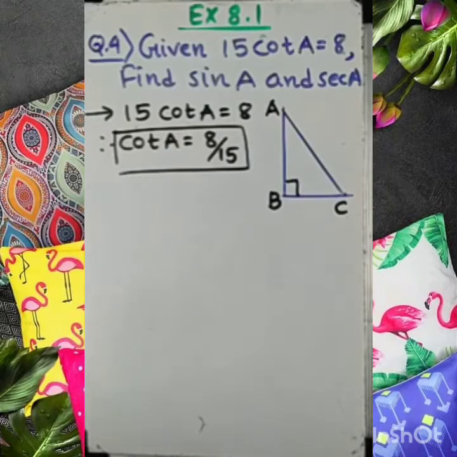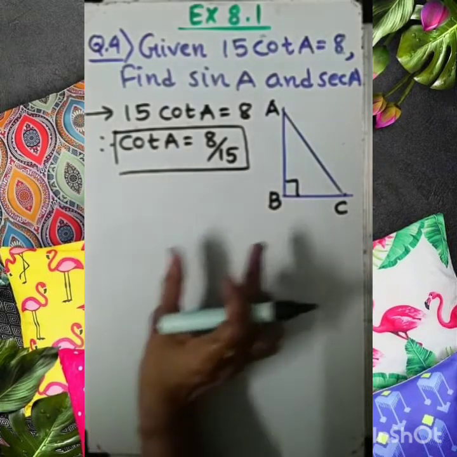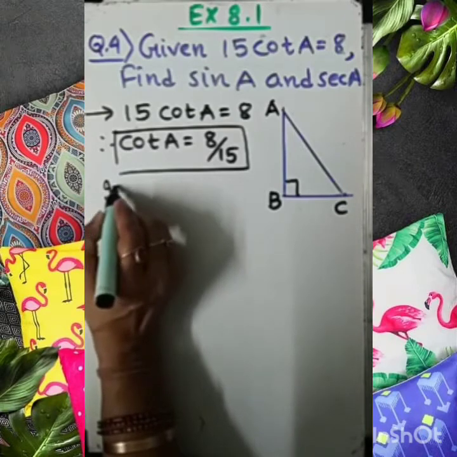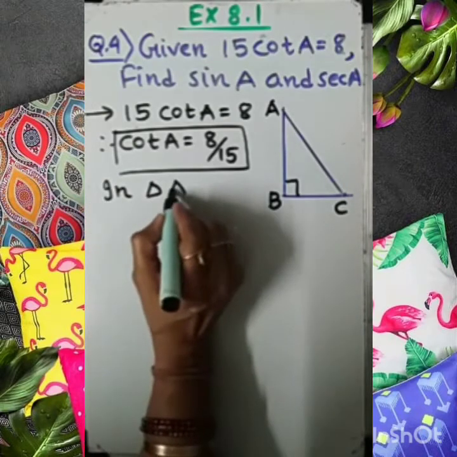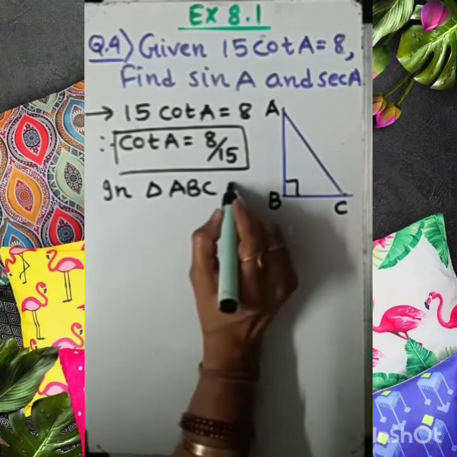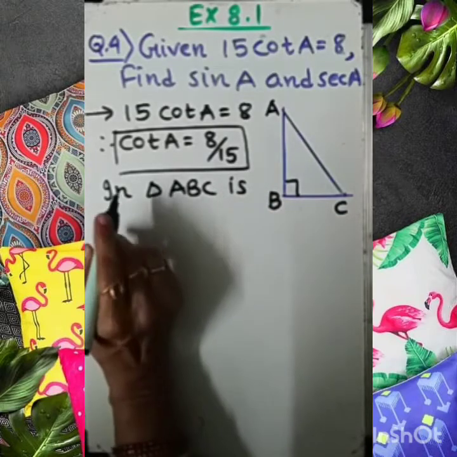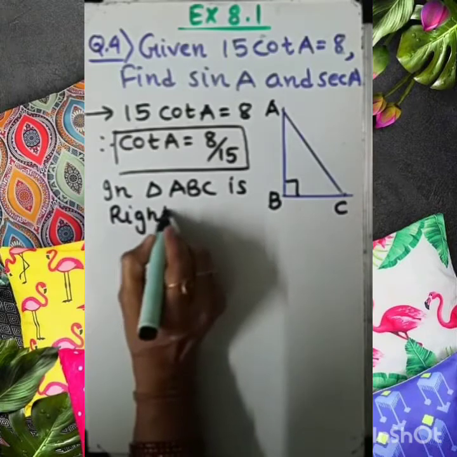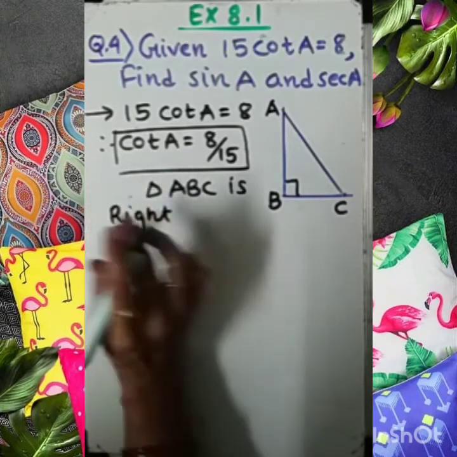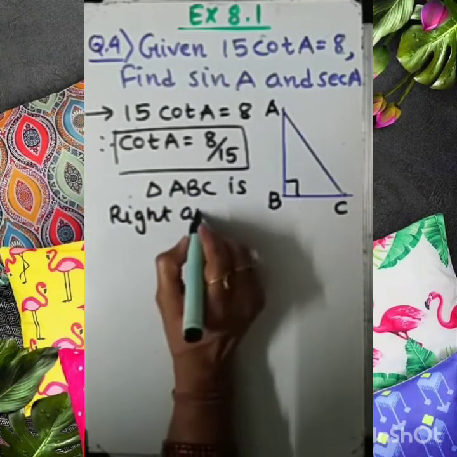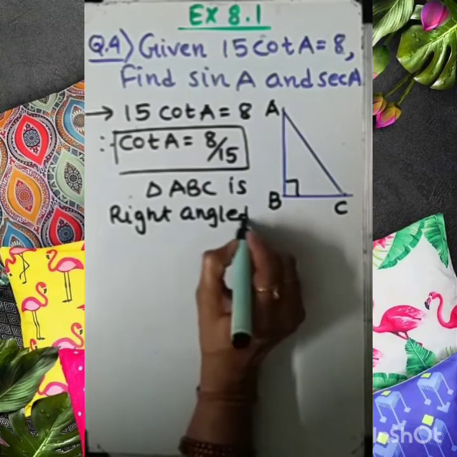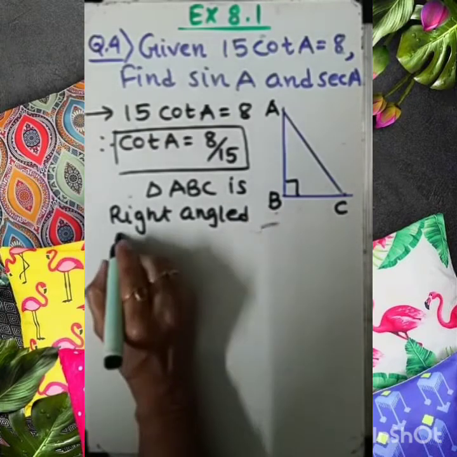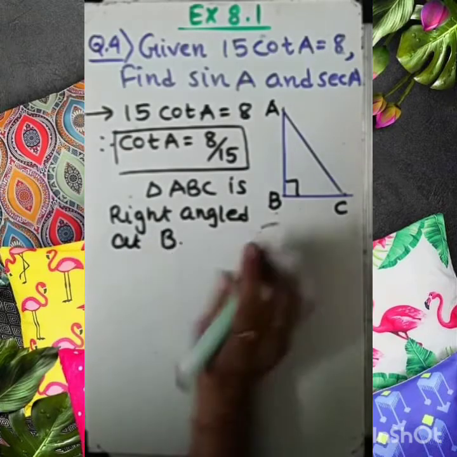Got it? Now, before I proceed further, first let me note down here: triangle ABC is right angled at B. At angle B it is a right angle, that we need to mention. Okay.